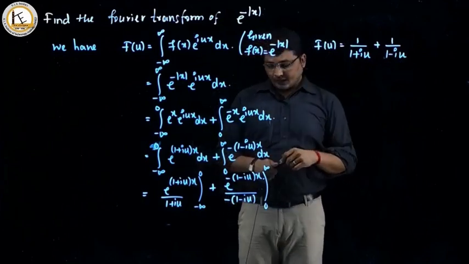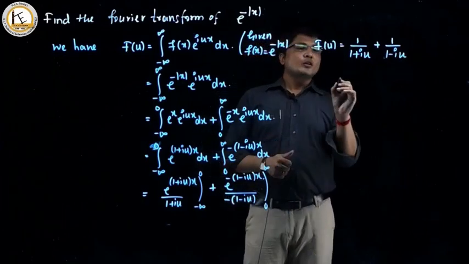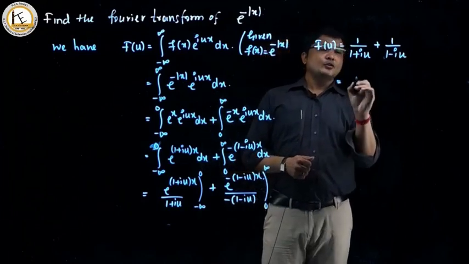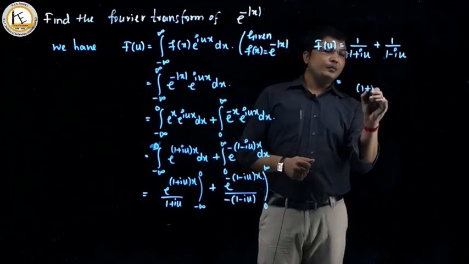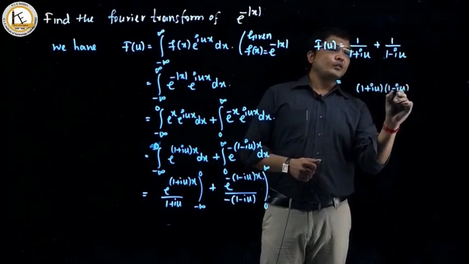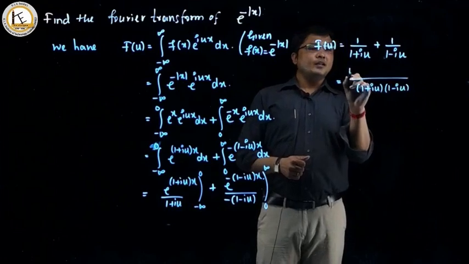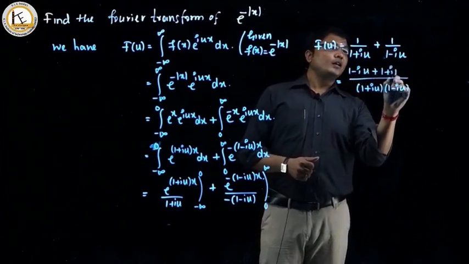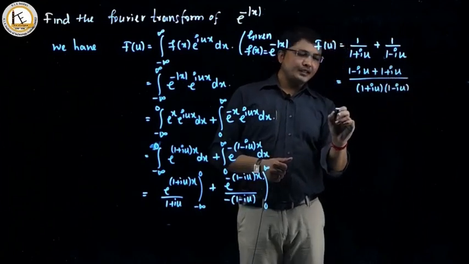Now coming to the lower limit, since while taking the lower limit we need to take a minus sign, and since there is a minus sign here, minus into minus becomes plus, and e raised to 0 will be 1, and remaining is 1 divided by 1 minus iu. And that's the step after applying the limits.